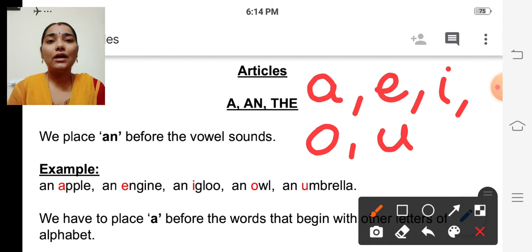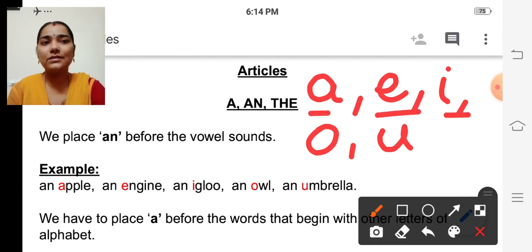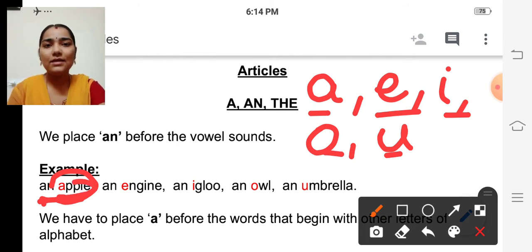We have to place the article an before the words starting with these vowels. For example, an apple. Apple starts with the letter A, a vowel, so we place an before apple. Next, an engine.